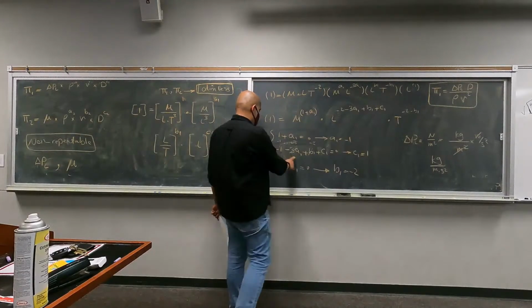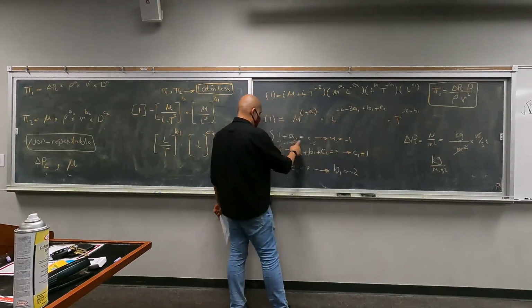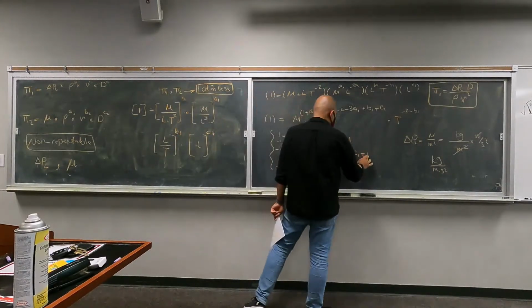That's -3 divided by -1, positive 3. So C1 is going to be 0.